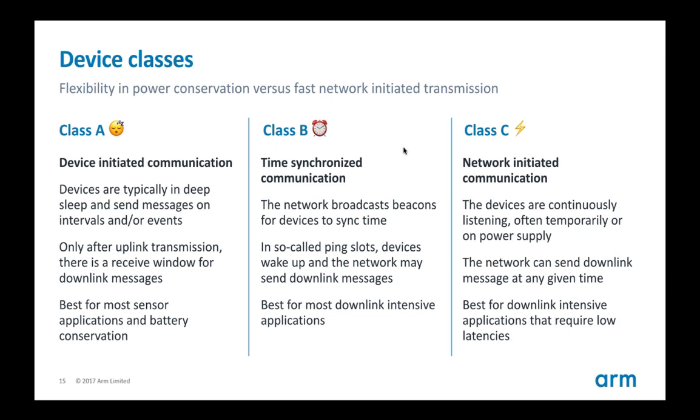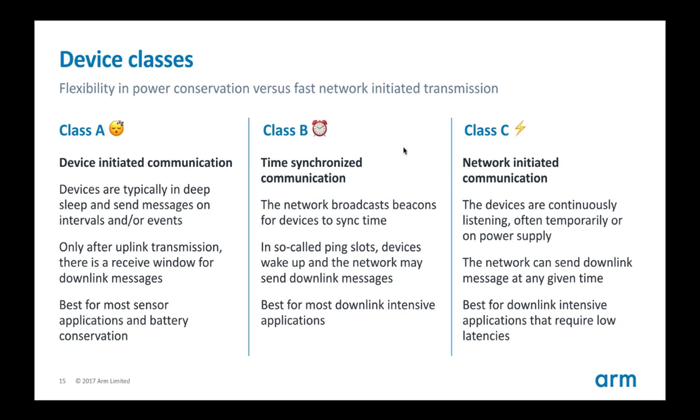And Class C finally is where the network initiates communication. In this model, the end devices are continuously listening, and the network has the opportunity to send downlink messages at any time.